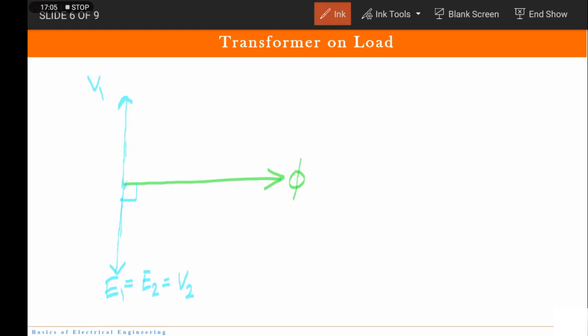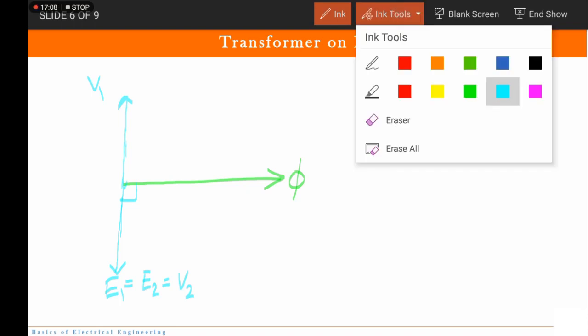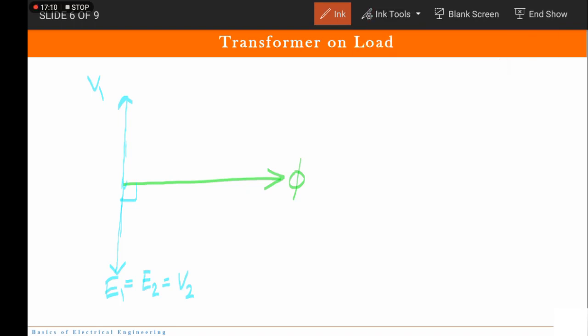Since the load is resistive, the current will be in phase, so I2 is in phase with V2. So somewhere here is I2.